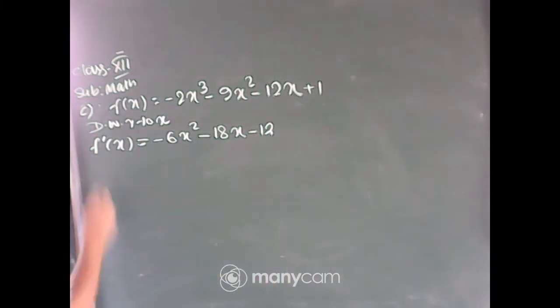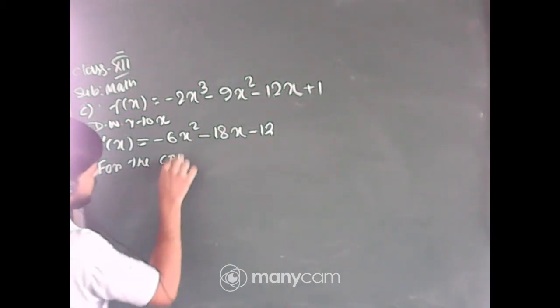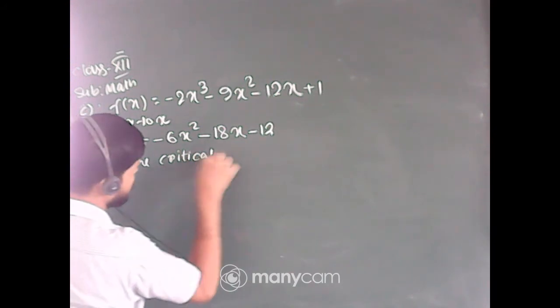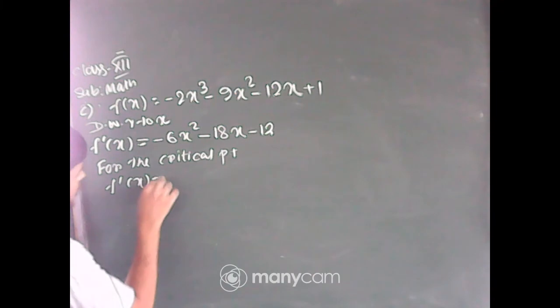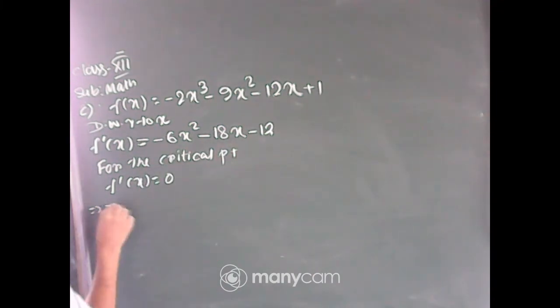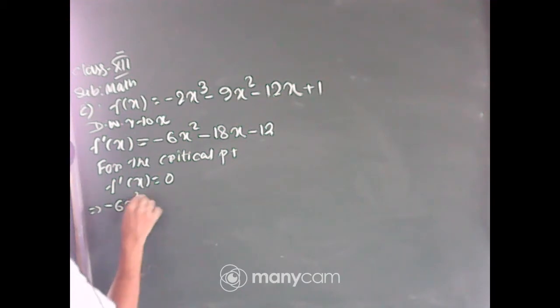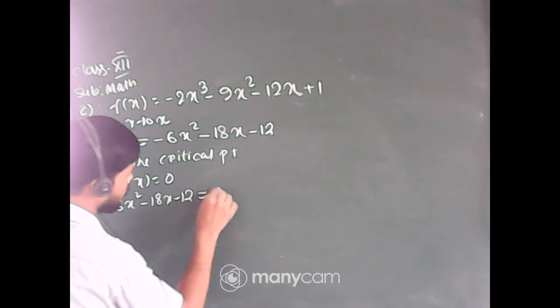Now for the critical points, we know that f dash x is equal to 0, which implies minus 6x square minus 18x minus 12 will be equal to 0.